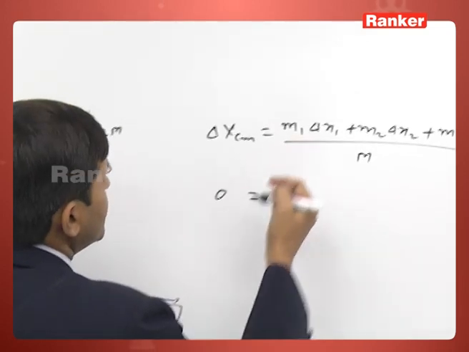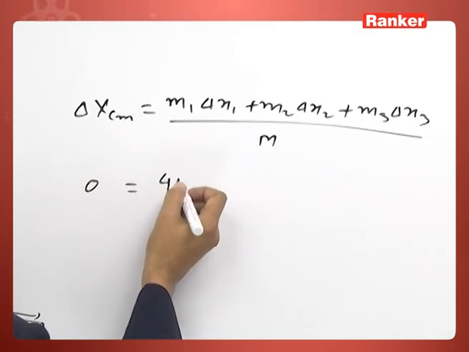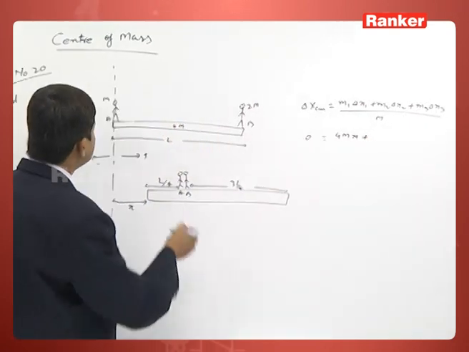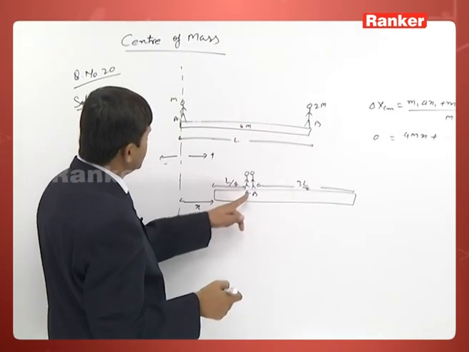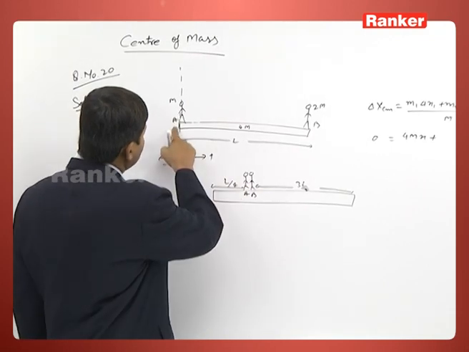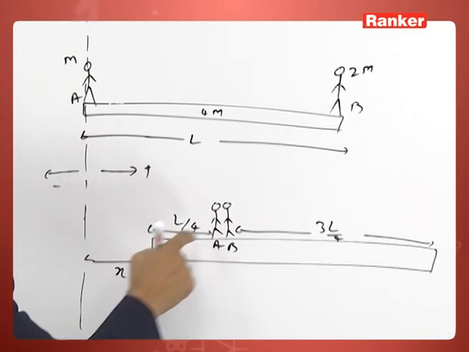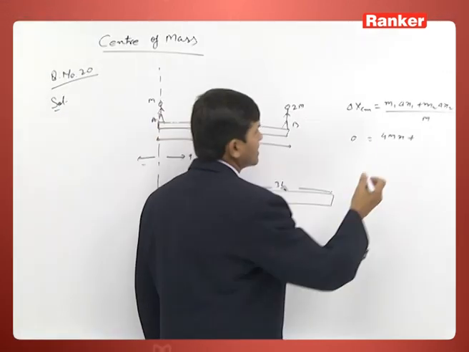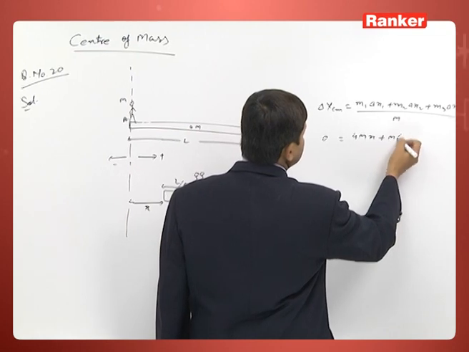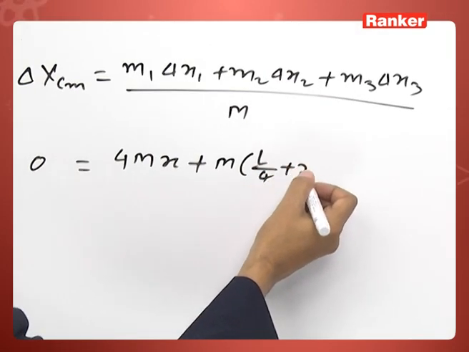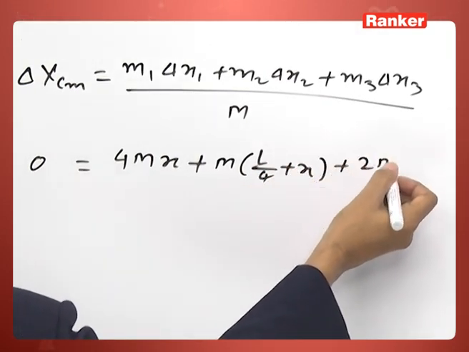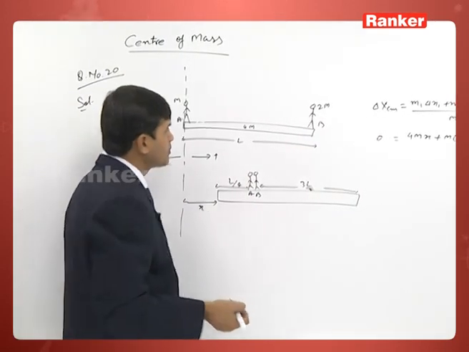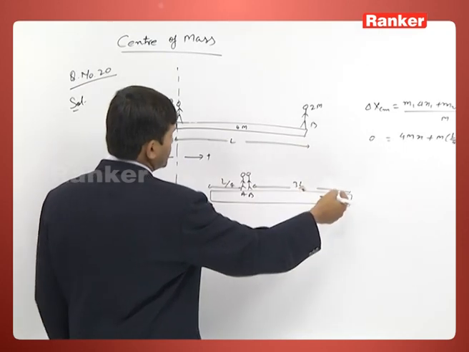and this side we can say negative. So, change in the center of mass of this is 4m into x plus m2. Let this man, earlier it was here, now it is here, the position change in center of mass is L by 4 plus x, mass of this is m, L by 4 plus x, plus another man of mass 2m, change in position of center of mass.